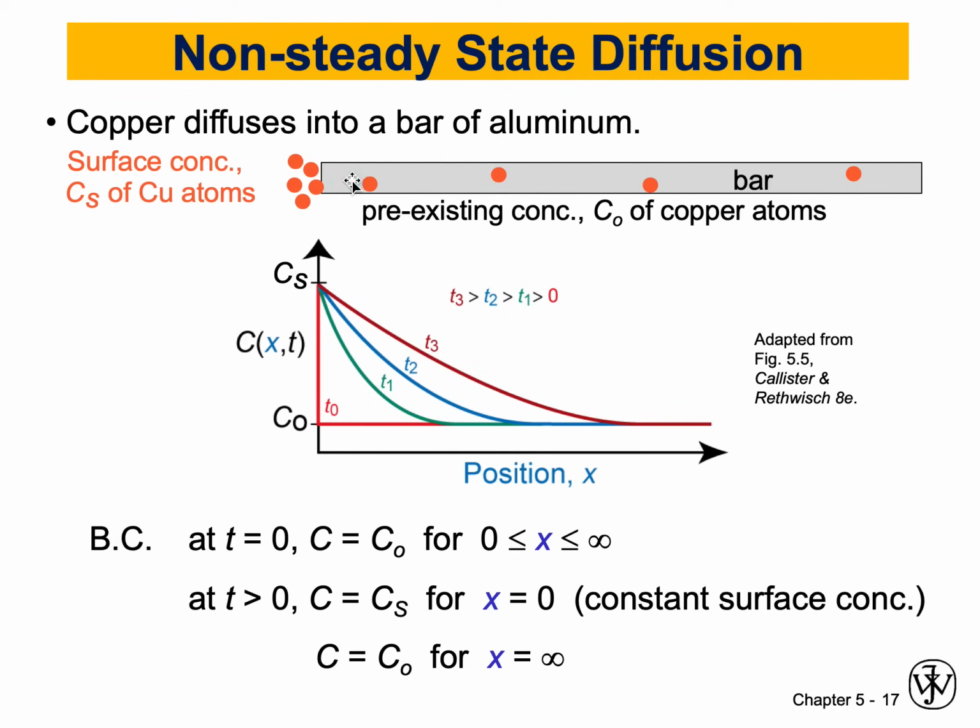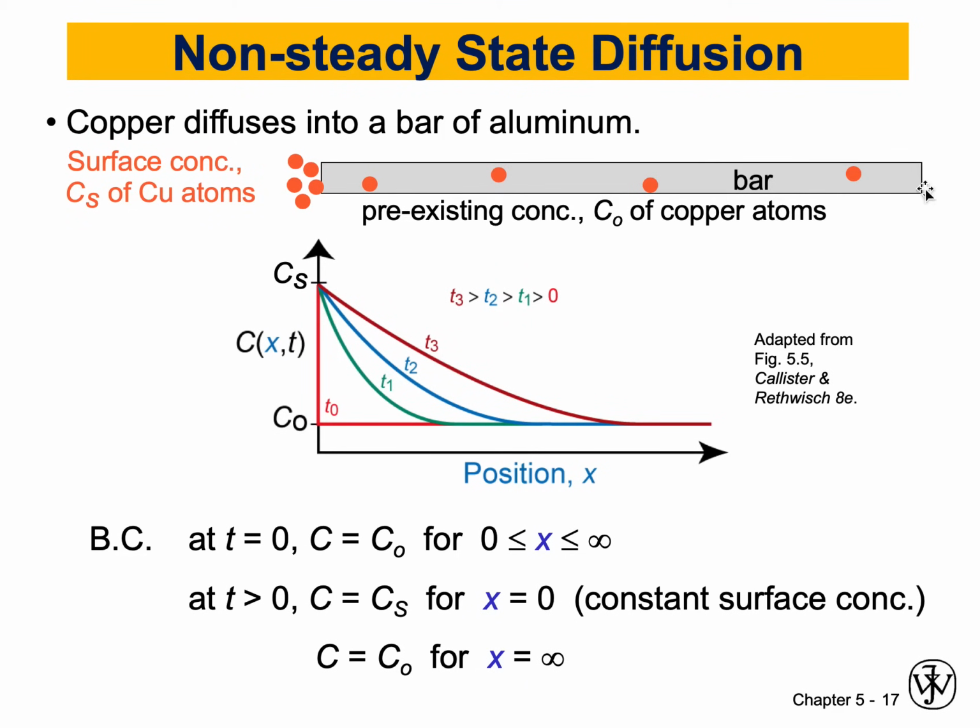So this is a very, very long bar. We said we want to have a specific length, but let's assume that it's infinite length, for the simplicity of the calculations. So we have this aluminum bar. I have a pre-existing concentration of copper atoms inside the bar itself, from x equals 0 to x equals infinity.